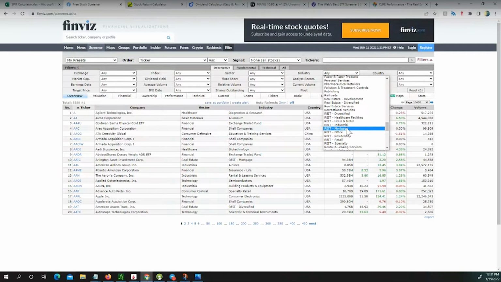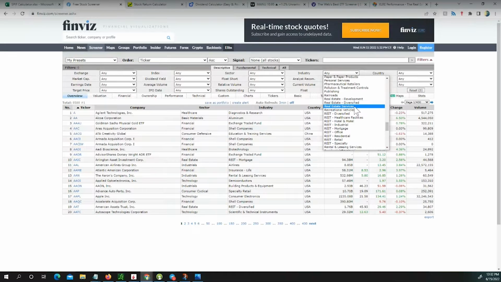And companies that cannot afford to build a building would most of the time get a mortgage to build that building, and the like. So, depending on your preference, you come and select the real estate type or industry that you're interested in.